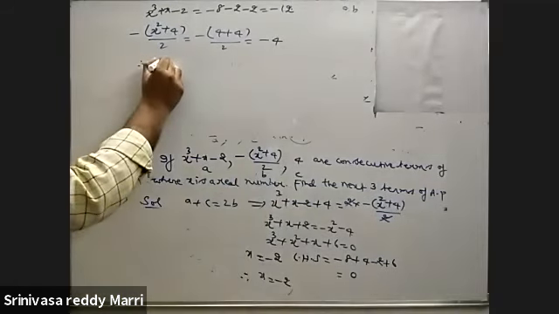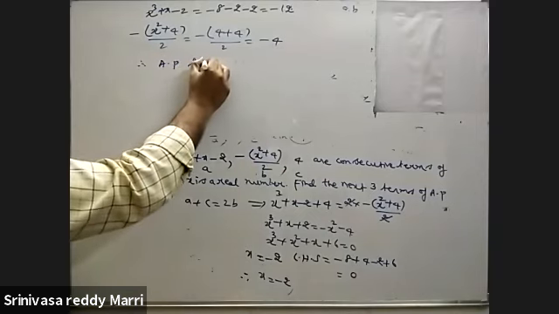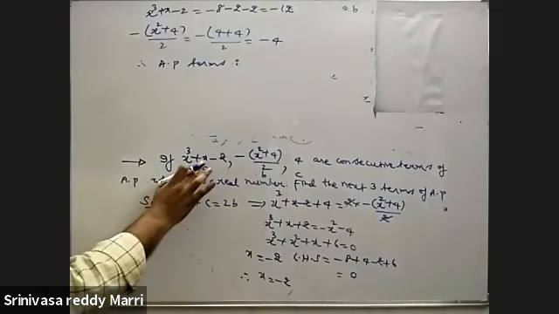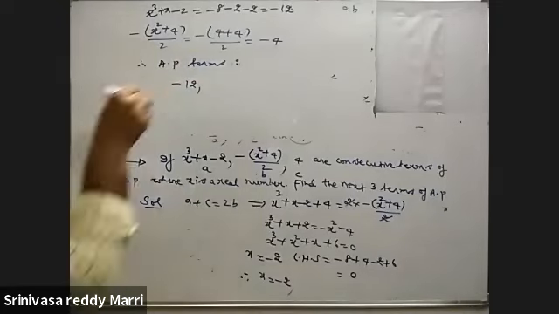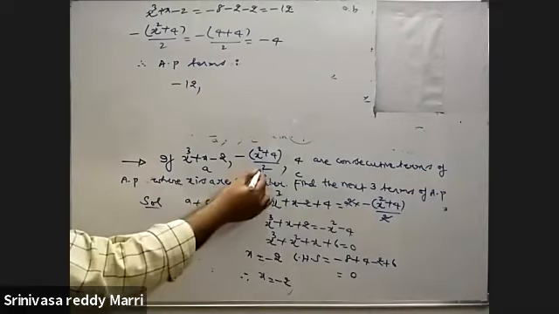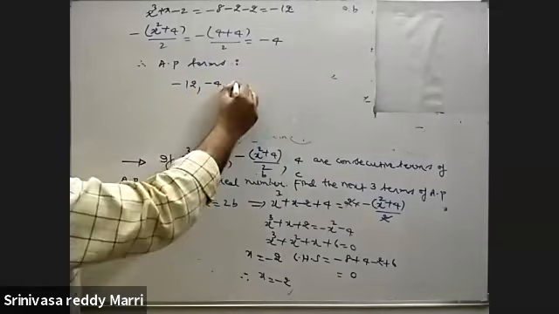Therefore, in AP the terms are minus 12, comma, minus 4, comma, 4.